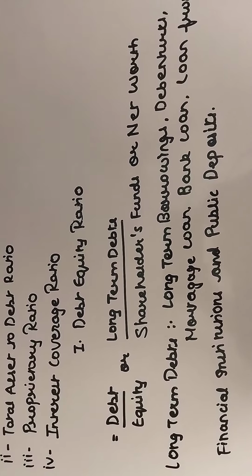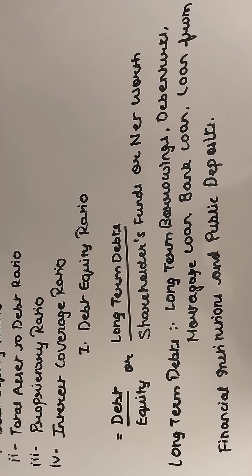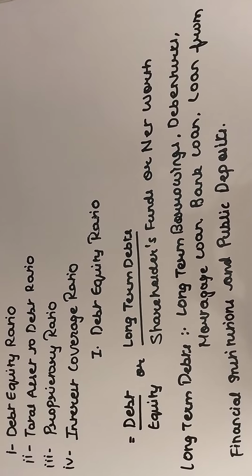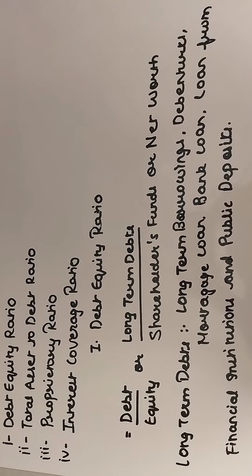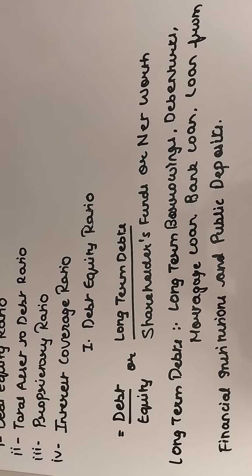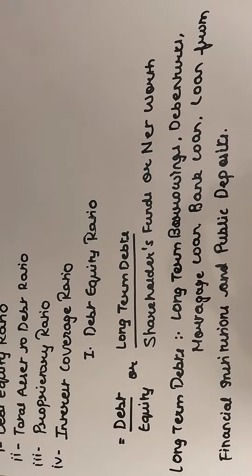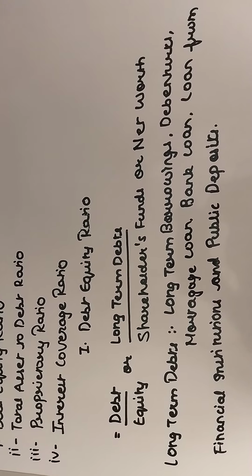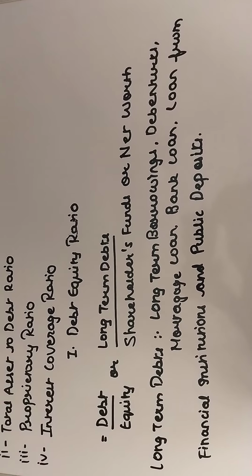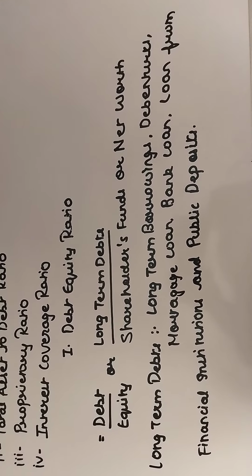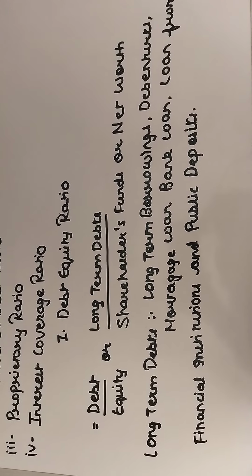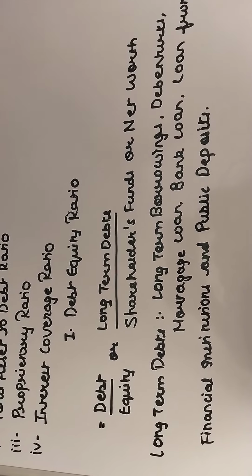Here we try to see the combination of shareholders investment, shareholders fund, and outsiders funds. That relation we try to observe. Here the formula is given: debt equity ratio, debt upon equity, or long term debts divided by shareholders fund, or net worth.